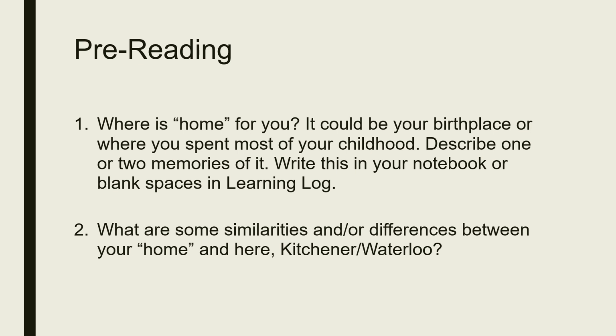Next, think about what are some of the similarities and or differences between your home and here in Kitchener-Waterloo, or for some of us in Cambridge. So think about where home is for you. How is it similar to Kitchener-Waterloo and Cambridge area? And how is it different? And you can pause and take a moment to write this down if you would like.